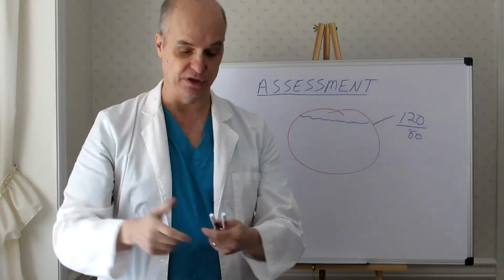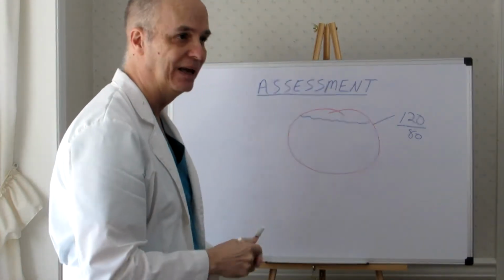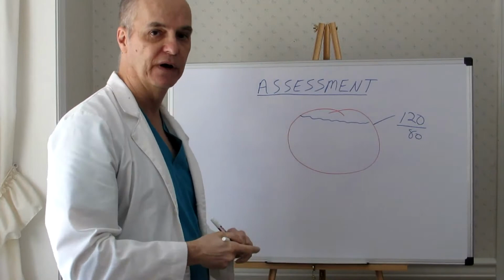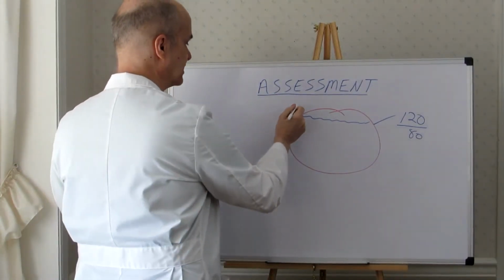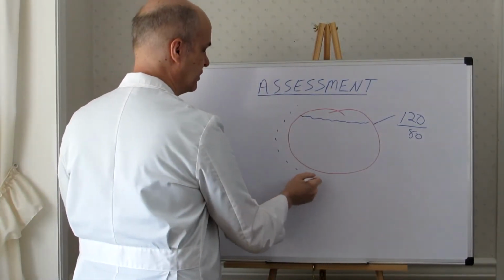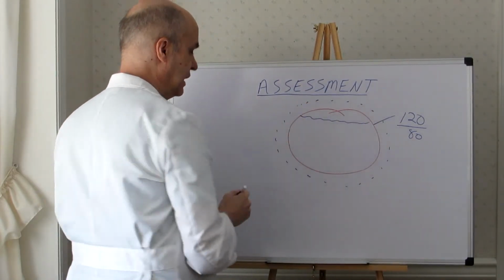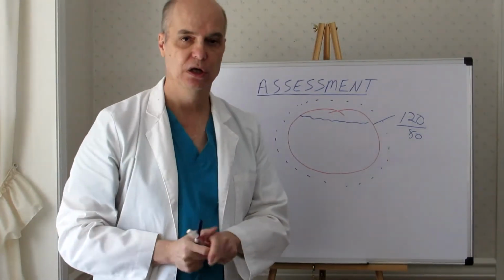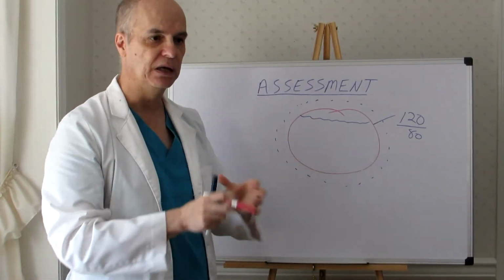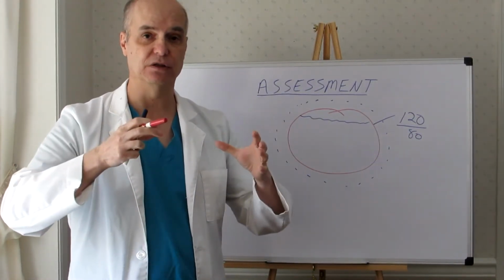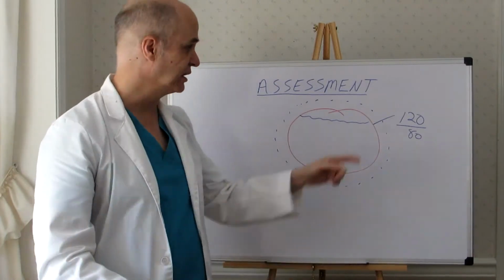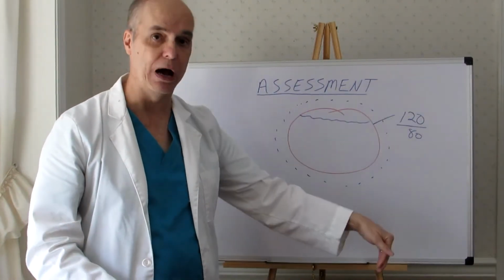For instance, we could have an expansion of our vascular space. Let's say that our vascular space increases. And if I don't change the circulating volume in now my expanded vascular space, you would expect that the blood pressure is going to drop.